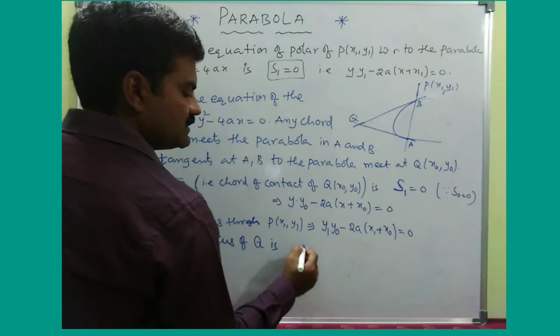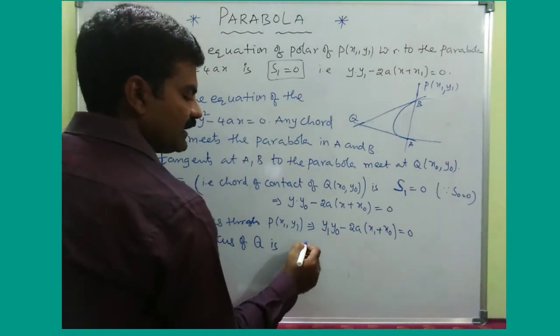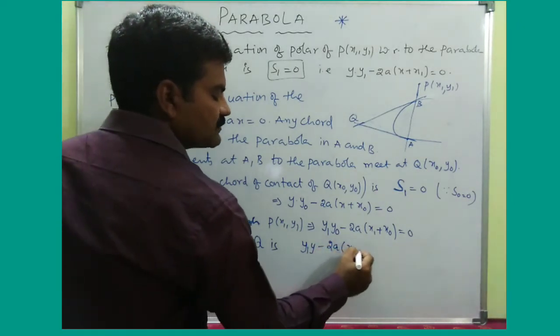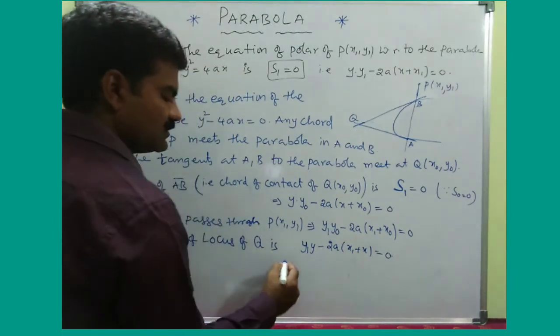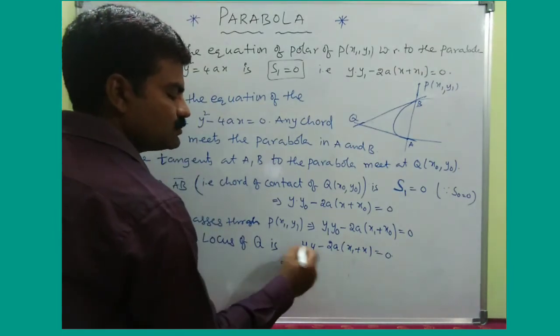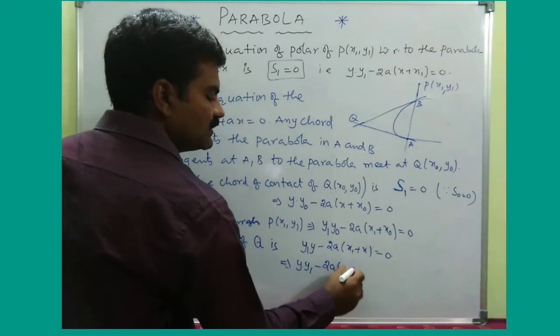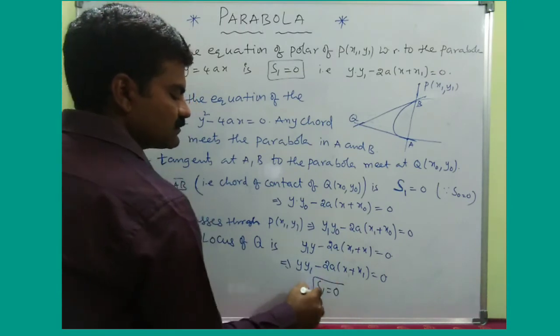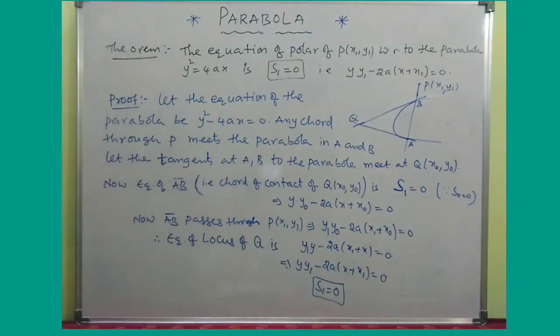So now y0 we replace by y, giving y1 into y minus 2a into x1 plus x, which is equal to 0. We can rearrange it as y into y1 minus 2a into x plus x1 is equal to 0, which is nothing but S1 is equal to 0. So the equation of polar of a particular point P (x1, y1) with respect to the parabola y square is equal to 4ax is S1 is equal to 0.